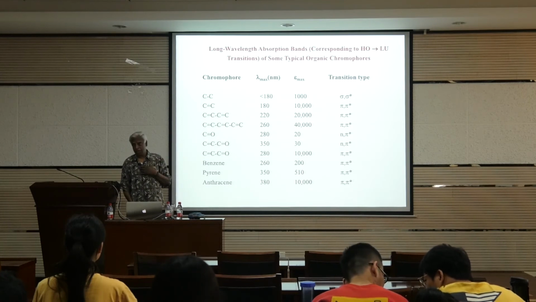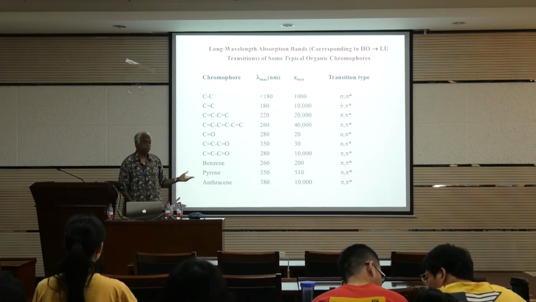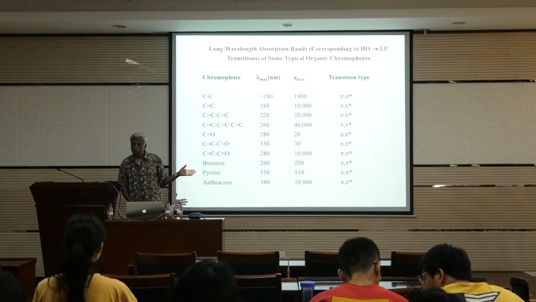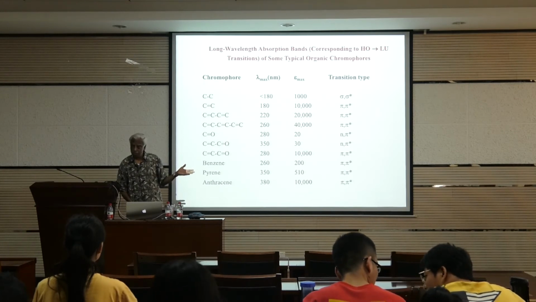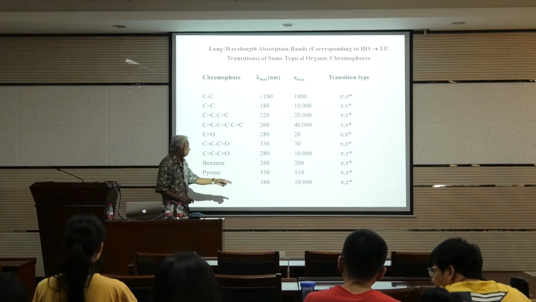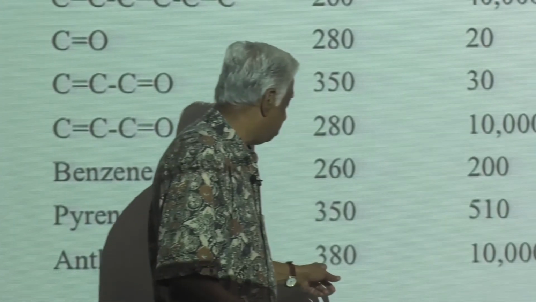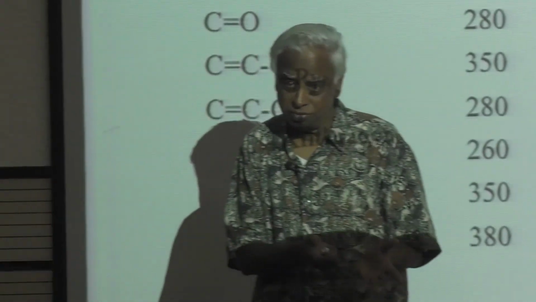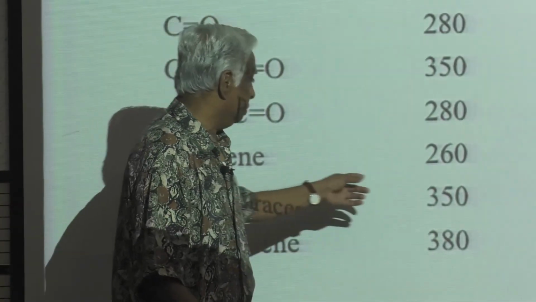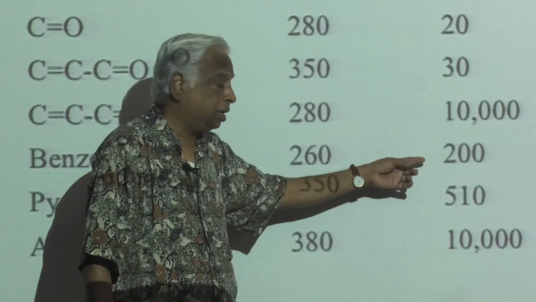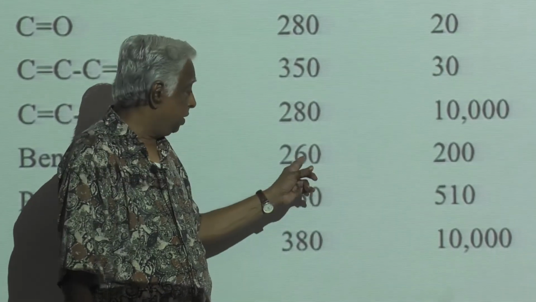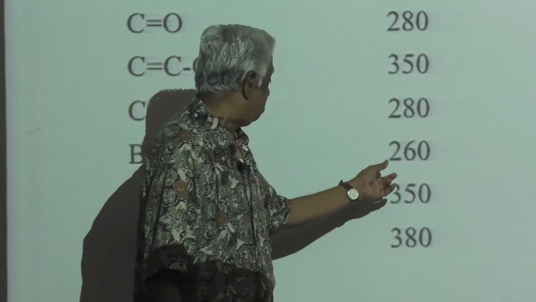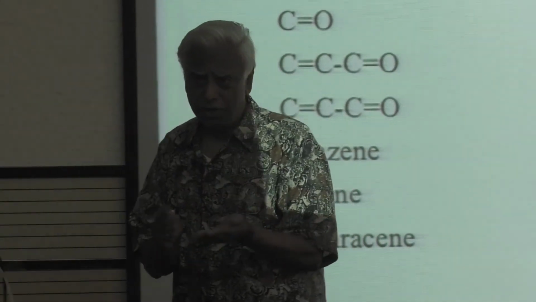It needs 380 nanometer light to go up, but whether it will use it depends on this particular number here. For example, anthracene is 10,000, which is good, and benzene is 200, which means it's not that good. It needs 260 nanometer light to go from S0 to S1.